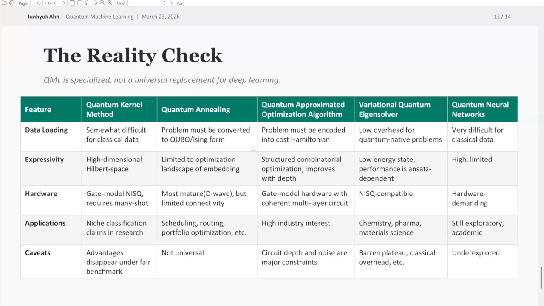Next, VQEs are NISQ compatible. So we can run them right now with quantum computers that we have in the field. And their applications are critical for chemistry, pharma, material science. So these are the money-making fields. However, there are caveats. A key caveat in VQE and QNN in general is the barren plateau problem.